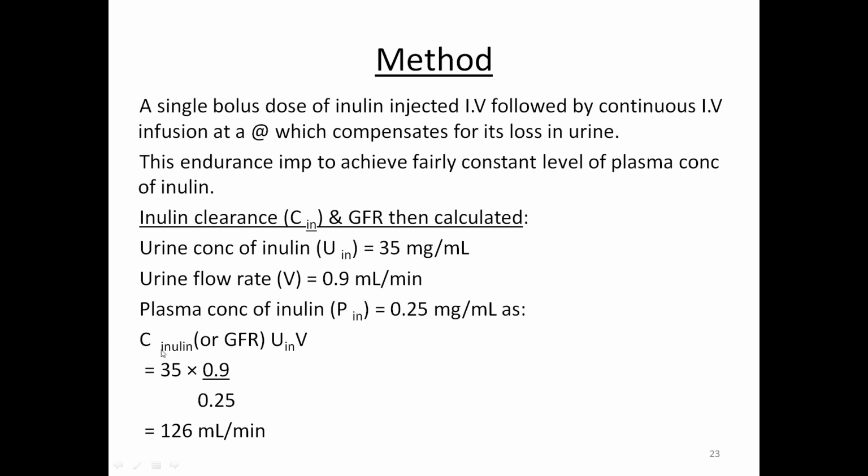So clearance of inulin or GFR would be calculated by this formula, U into V upon P, as we just mentioned. So U is 35 into V, 0.9 upon 0.25. And this comes out to be 126 ml per minute. Is this not near about our GFR value? Yes. So C inulin is equal to GFR.